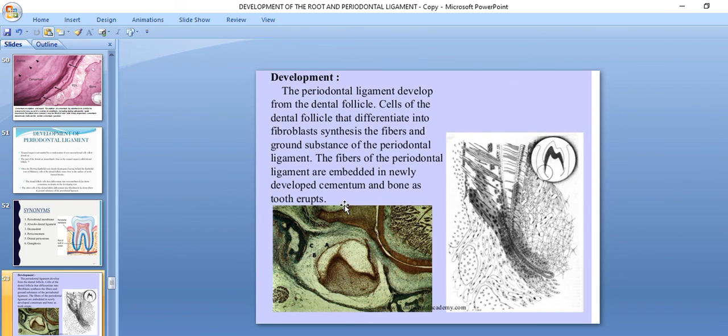Cells may also migrate into the developing periodontal ligament from the endosteal spaces and the adjacent alveolar bone. Yes, the fibers of the periodontal ligament are embedded in newly developed cementum and the bone as the tooth erupts.